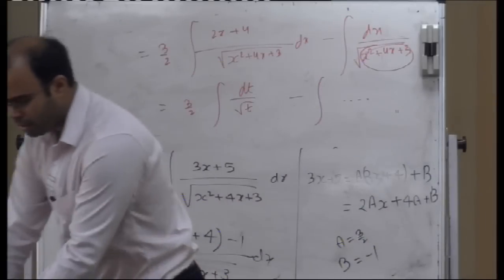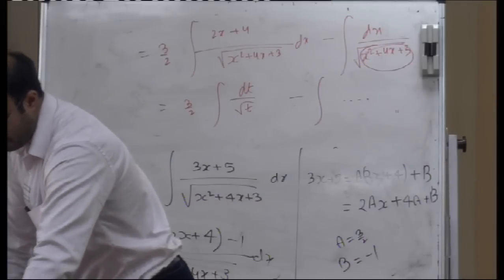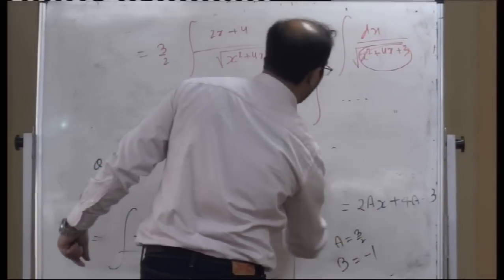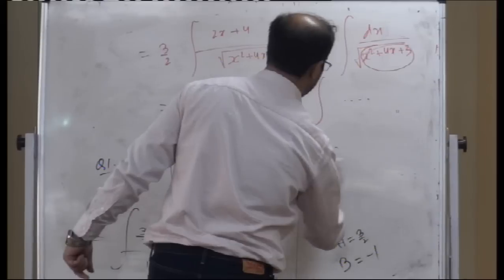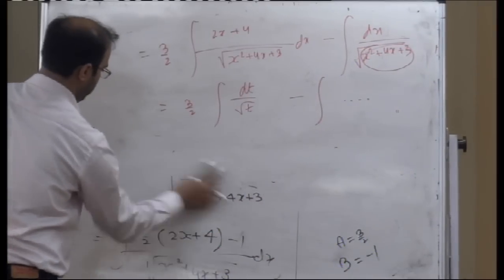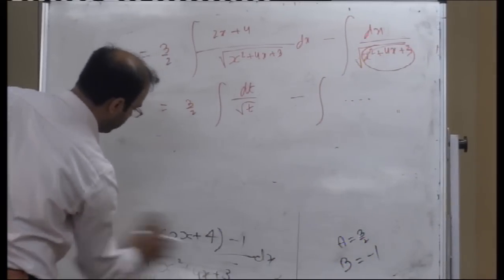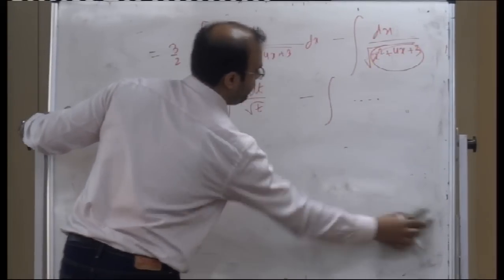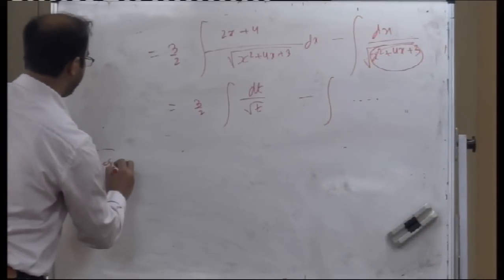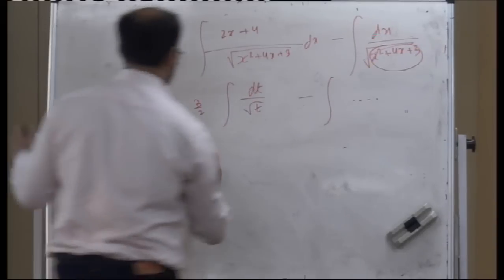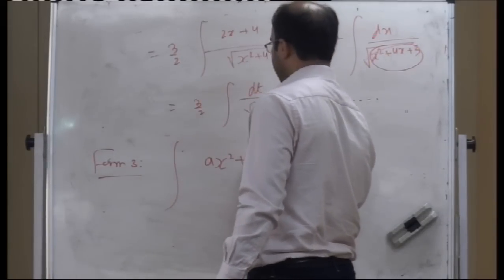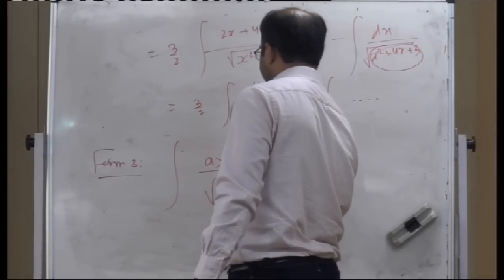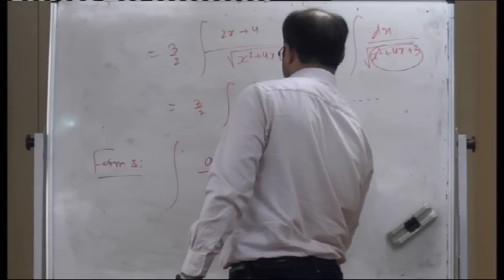Next is form 3. In form 3, as you can expect now, there should be a quadratic. First we took none of the terms, that is, a constant. Then we took linear in form 2, and in form 3 what we have to do is take (ax square plus bx plus c) upon root over (dx square plus ex plus f) dx.